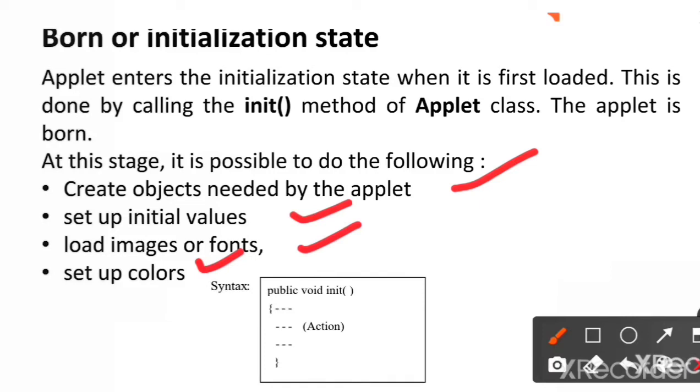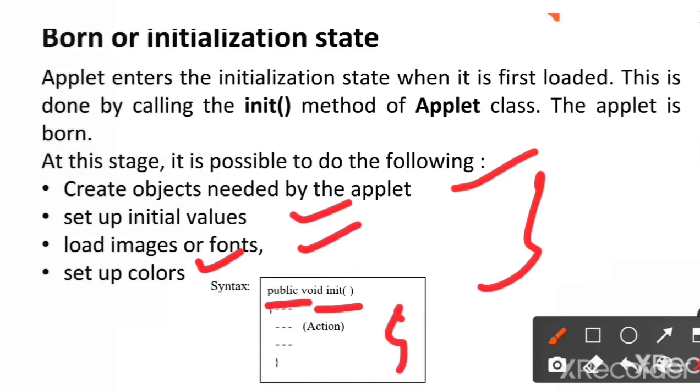We will write public void init, and within this init method you are going to write the code that has to be executed when an applet is born or when an applet is created. As I've told you, these activities you can perform within the initialization. This is similar to the constructor that we use in initializing an object of a class when it is created in a normal Java program.